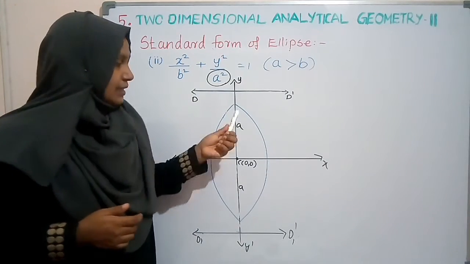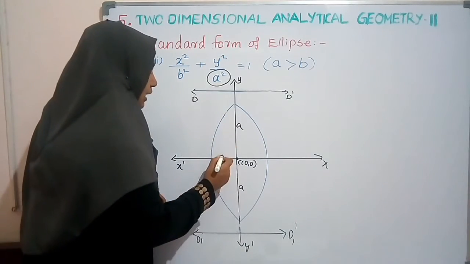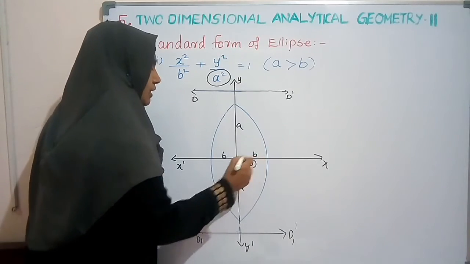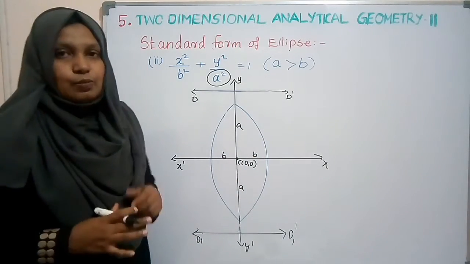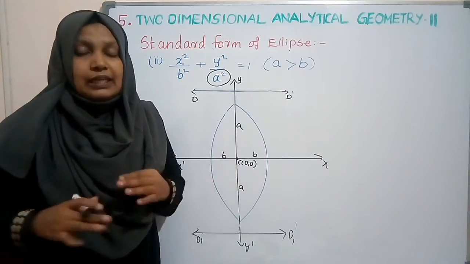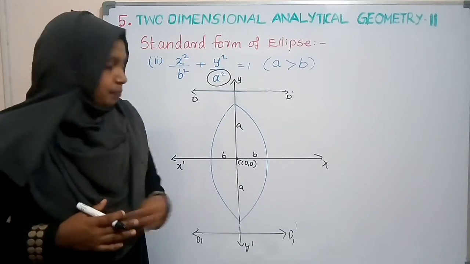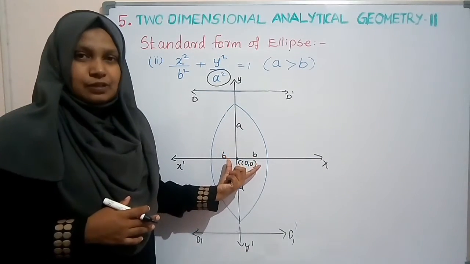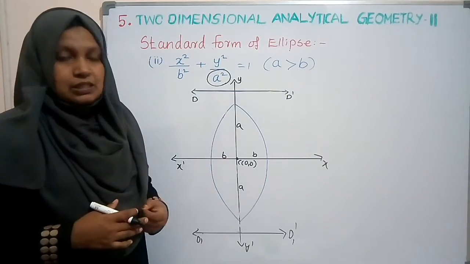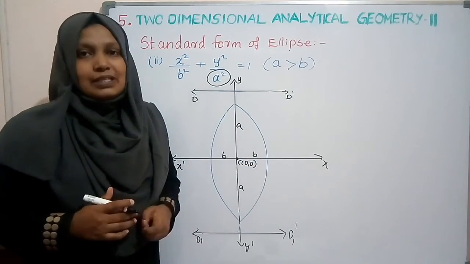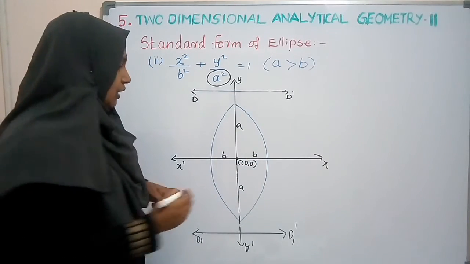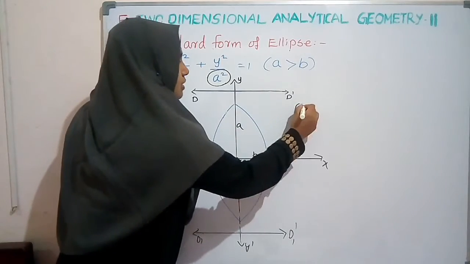What is the equation? x is equal to 0. Similarly, the x-axis is our minor axis and its length is 2b. So the length is always the same, only the equation will change. That is, 2b is the length of the minor axis and its equation is, what is the x-axis equation? y is equal to 0. Okay, and the center is the origin.